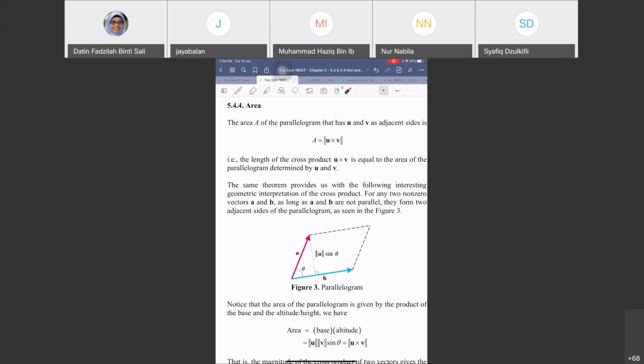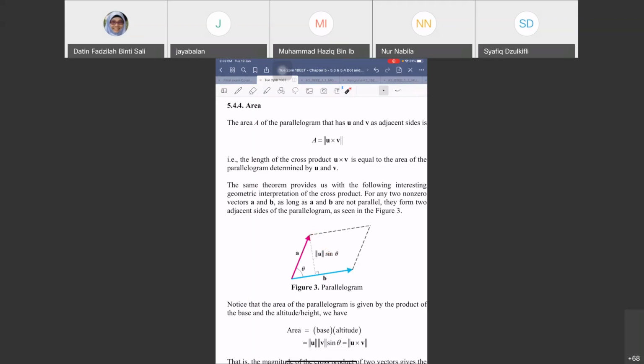Now we come to the same thing, a similar concept. It's just that now we are talking about using vectors to find area, of this parallelogram or even a triangle.